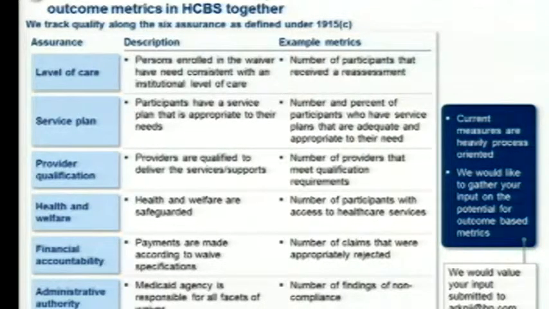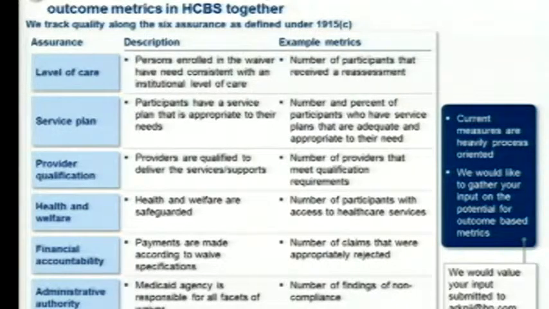This is not our recommended list of metrics. It's really the recommended list of categories, and that's actually taken from the Medicaid waiver review criteria. And you all have seen this before. So the six are level of care, service plan, provider qualifications, health and welfare, financial accountability, and administrative authority.